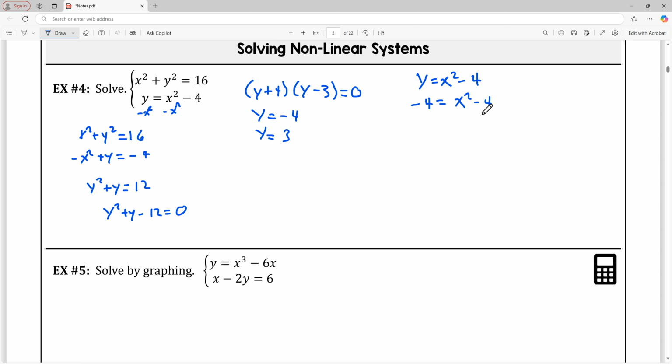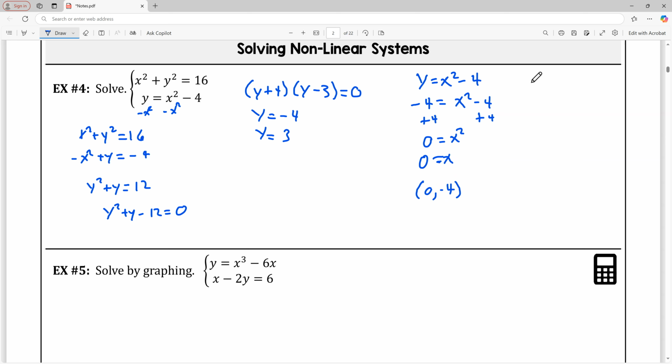I'm going to add 4 to both sides of the equation. And I get 0 equals x squared, or x is equal to 0. So that means I got the solution of 0, negative 4.